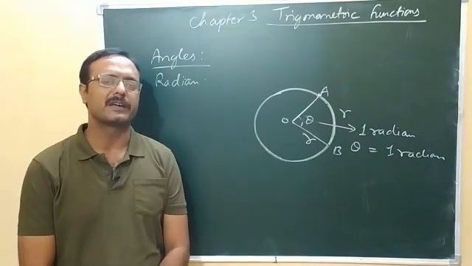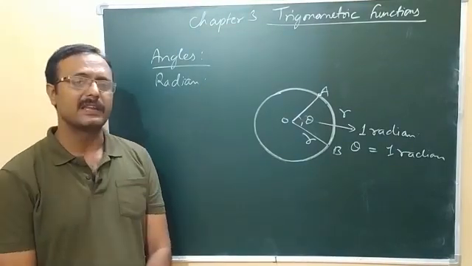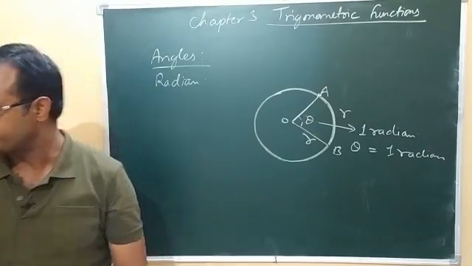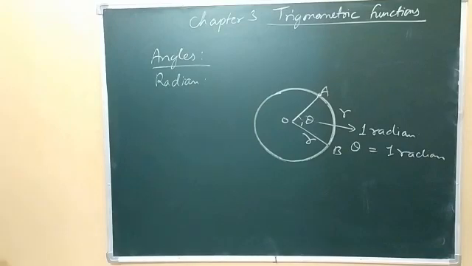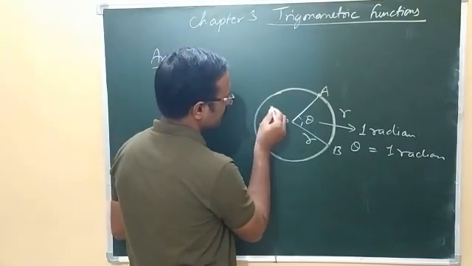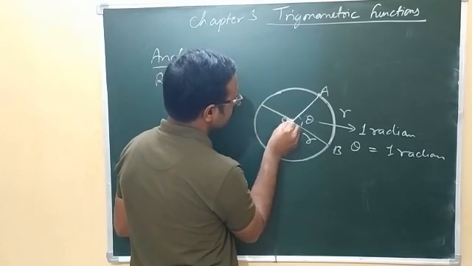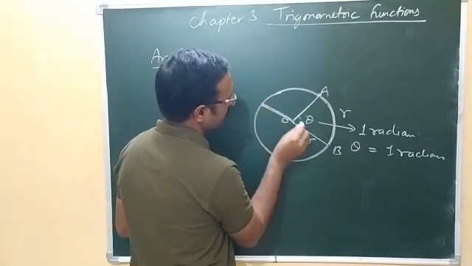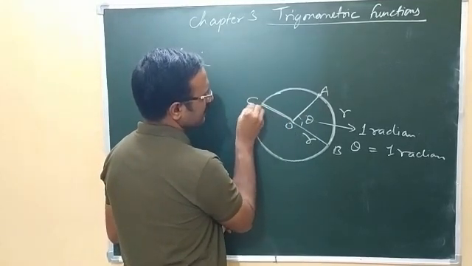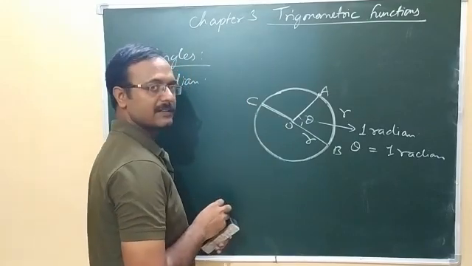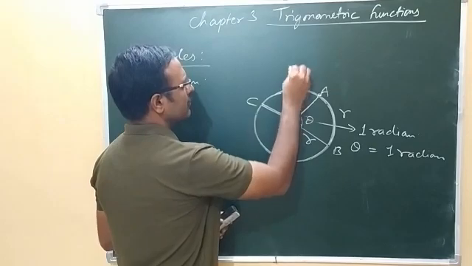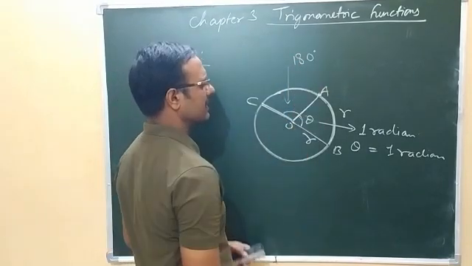Now we will try to make a relationship between the degree and radian measurements. Now see here, if we make this a straight line, let it be C. So BOC is a straight line, and this straight line will make an angle of 180 degrees.